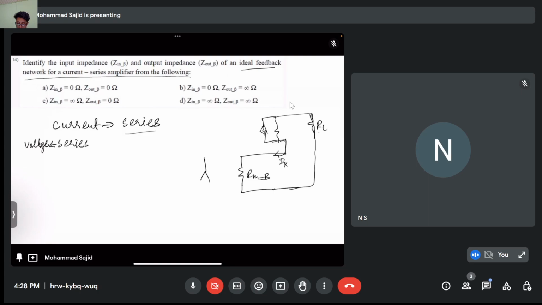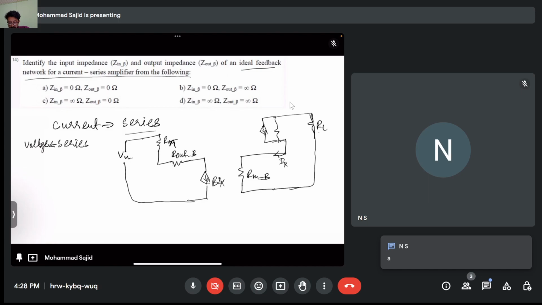And let me completely draw it here: beta times Ix. So this is your R out B. This is your R in. Yes, this is R pi, and there will be some voltage here. So this is the connection, right?